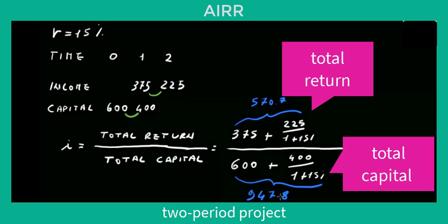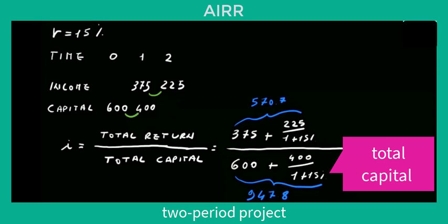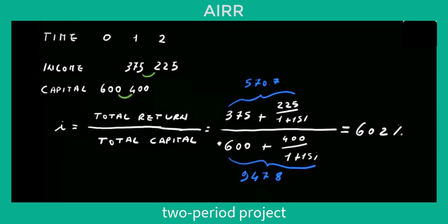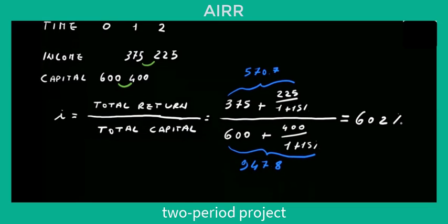So the rate of return of this project is the ratio of the total return 570.7 to the total capital invested 947.8. The result is 60.2%, and 60.2% is greater than the cost of capital.